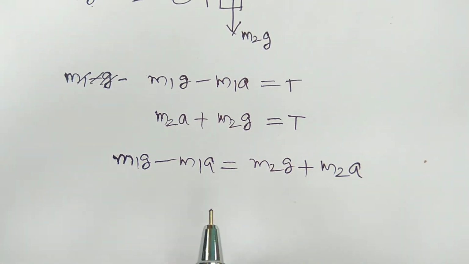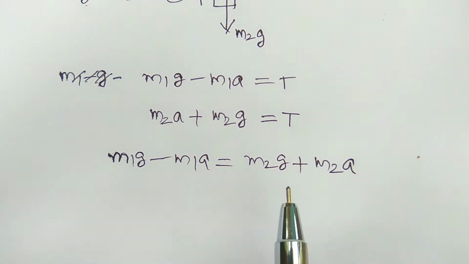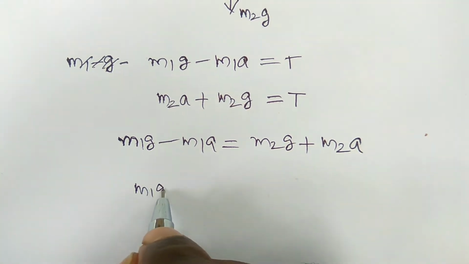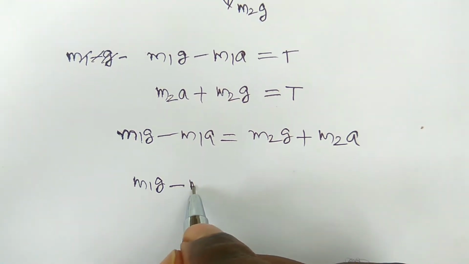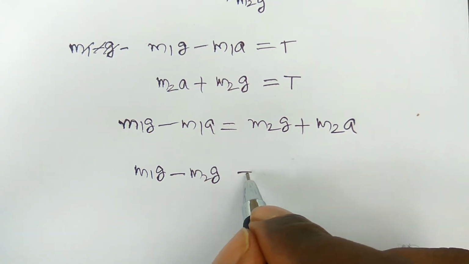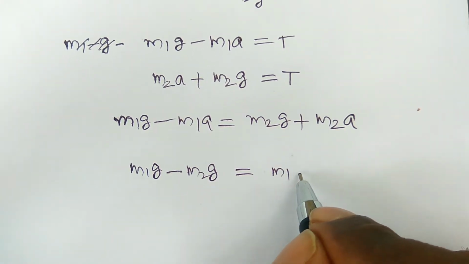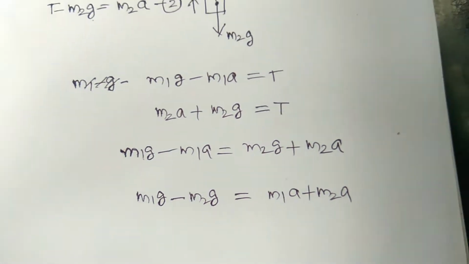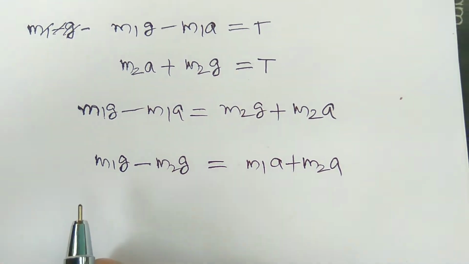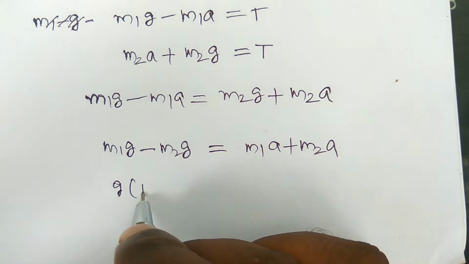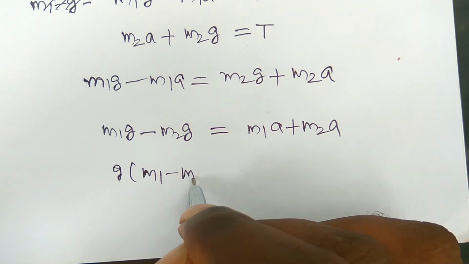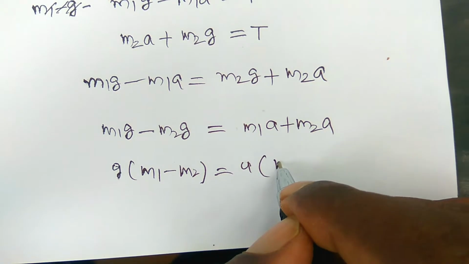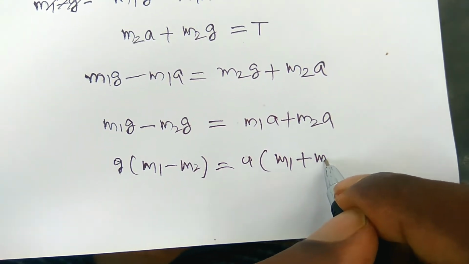Now we simplify by putting all the a terms on one side and all the g terms on the other side. So m1g minus m2g is equal to m1a plus m2a. Here g is common, so (m1 minus m2) g is equal to a times (m1 plus m2).